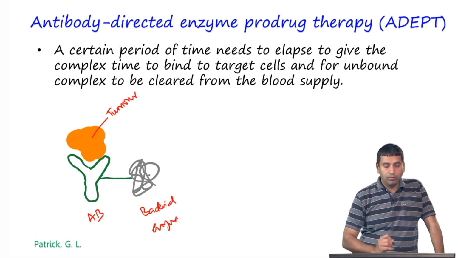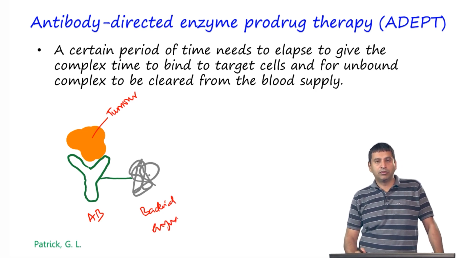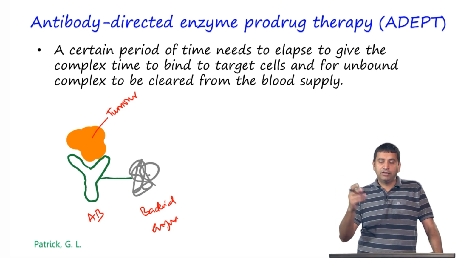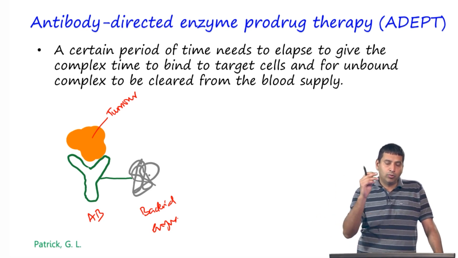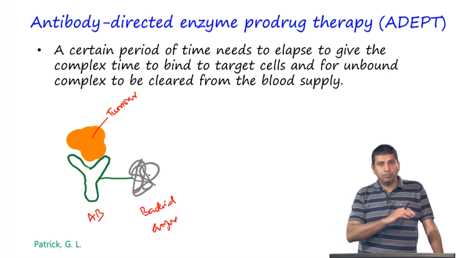Once this complex binds to the tumor, the rest of it, which is not binding, is cleared from the blood supply. So the antibody binds to the tumor site, and appended to the antibody is an enzyme, which is not present in humans. It is a bacterial enzyme.